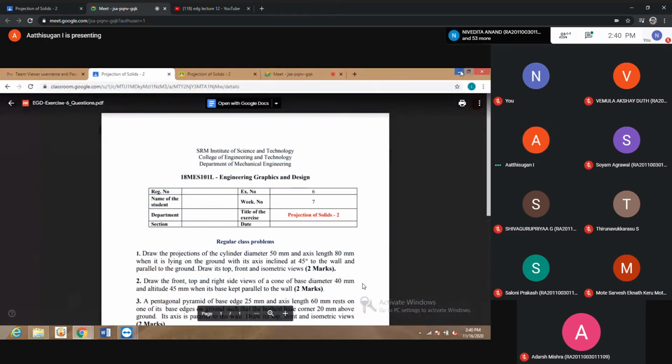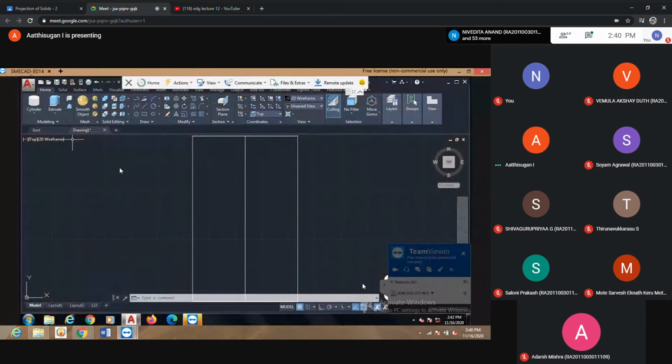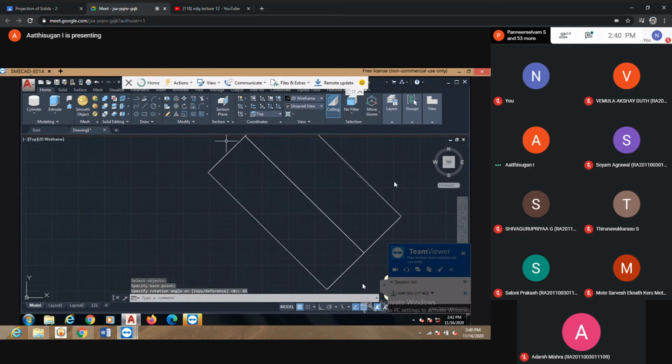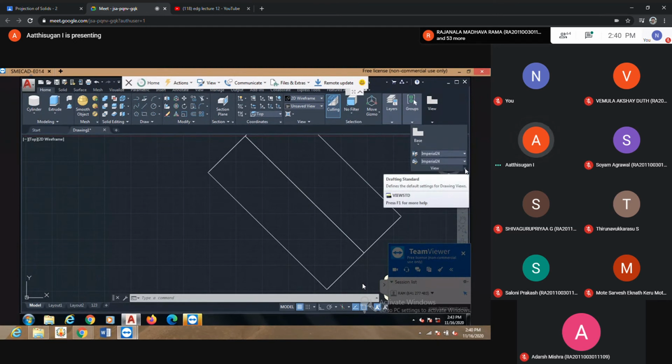Then change the projection symbol to first angle.